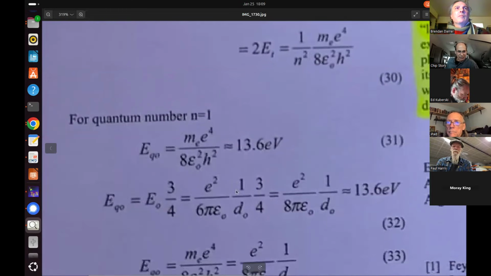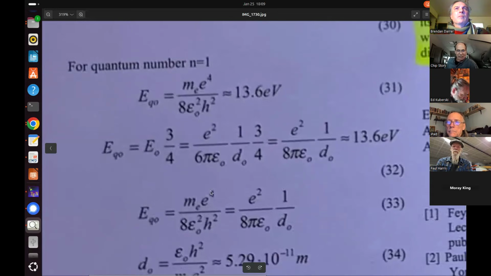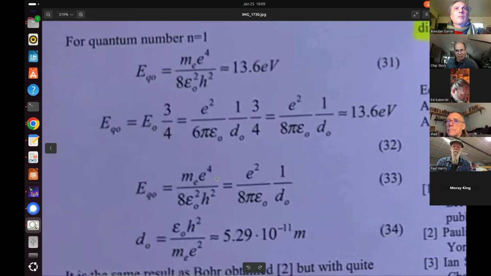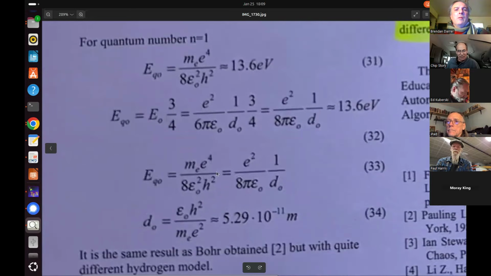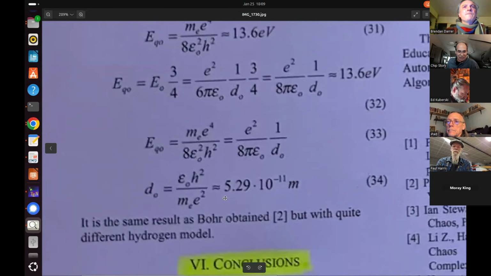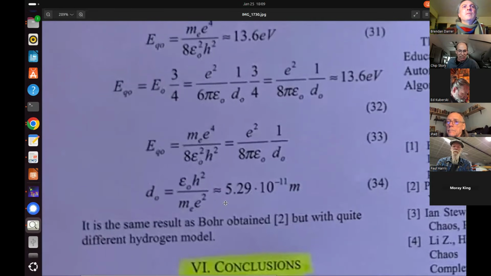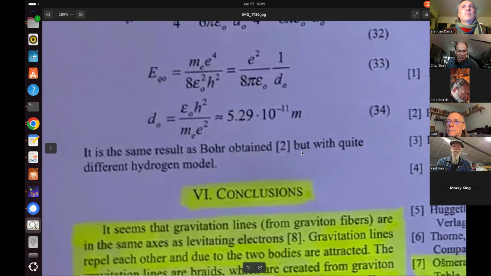All right, from quantum number n equals 1. So we assume we spot it at a position, and it is rationalized and characterized at quantum number equals 1, and he has that equation built out. It is the same result as Bohr obtained, but with a quite different hydrogen model.